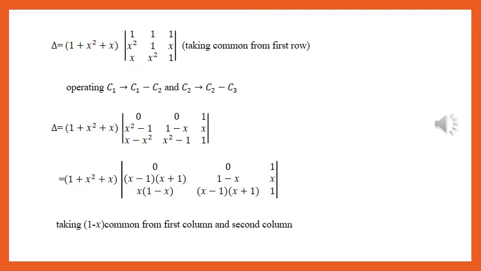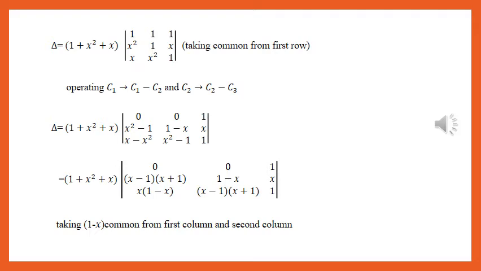Now look at the first row. There all the elements are 1 only. So as we discussed last session, it is easy for us to get zeros now. For that, let's operate C1 as C1 − C2 and C2 as C2 − C3.